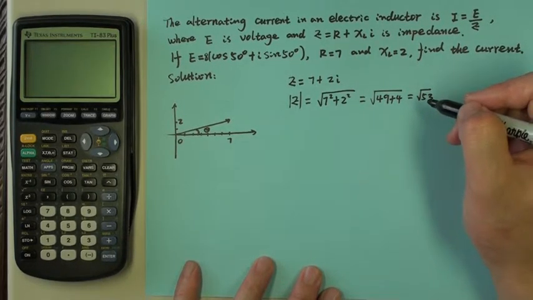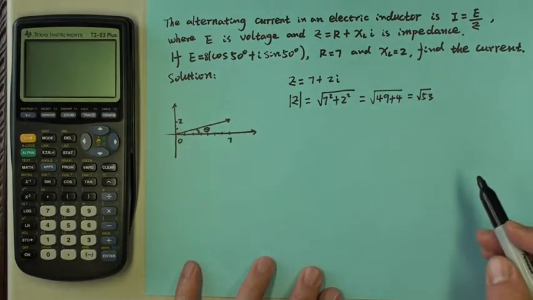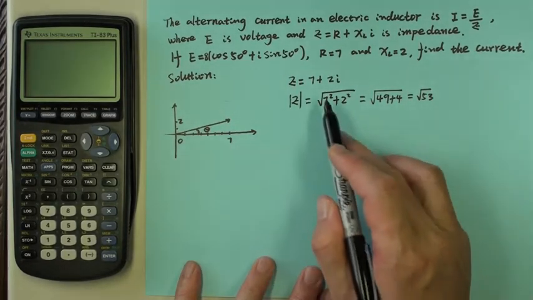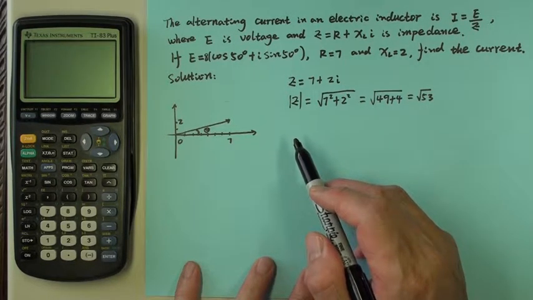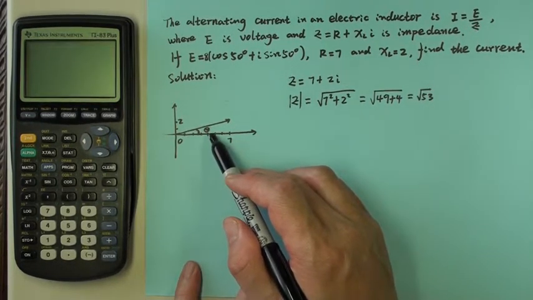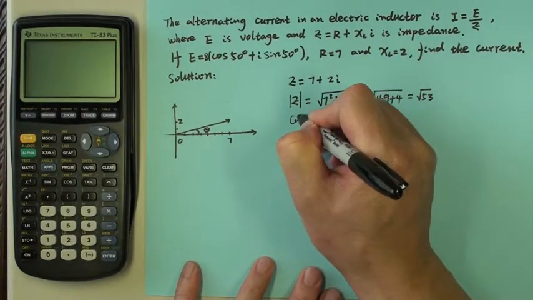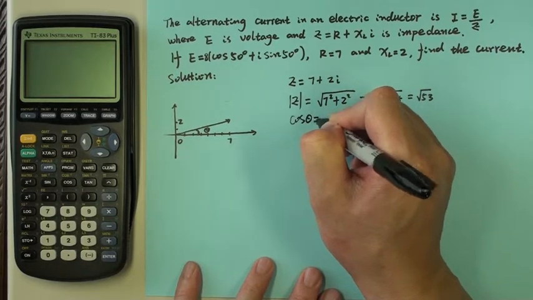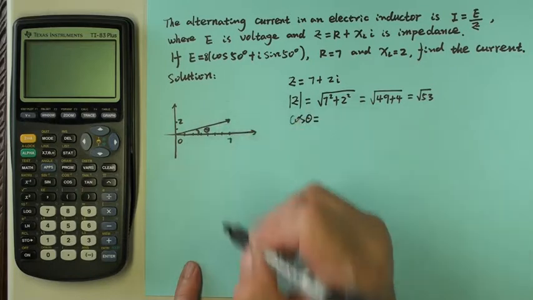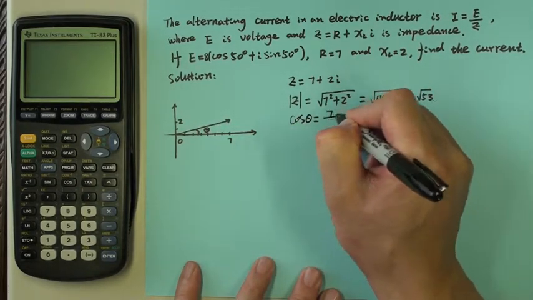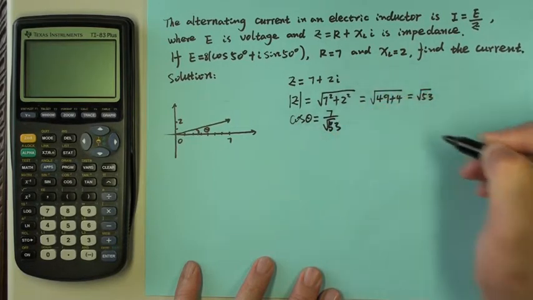So we know the length of this vector, or absolute value of the complex number. The second part is to figure out theta. How big is this theta? We know cosine theta is adjacent over hypotenuse, so it's 7 over radical 53.